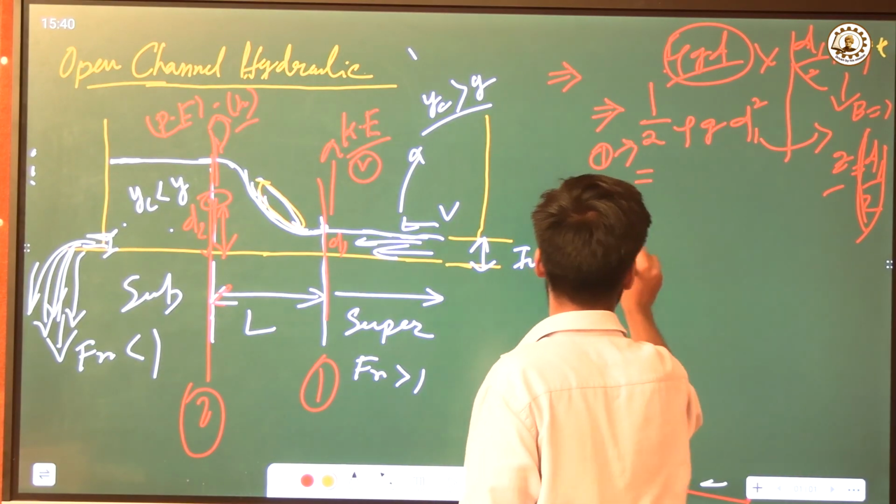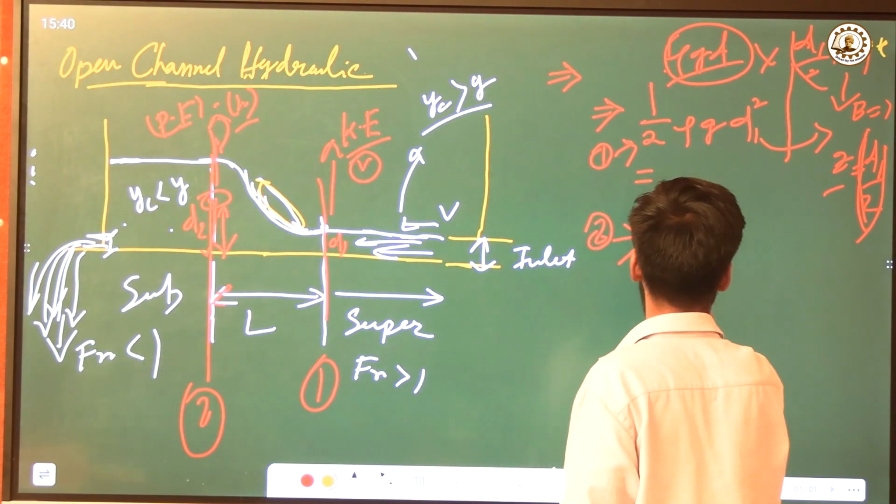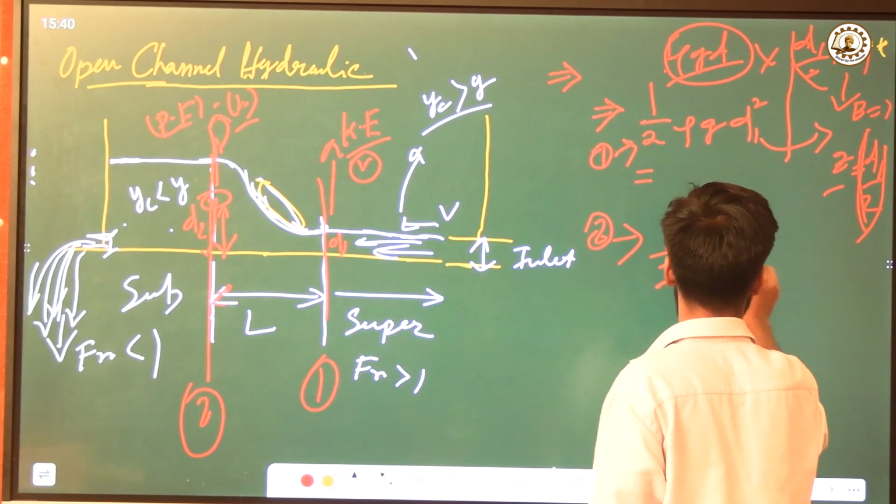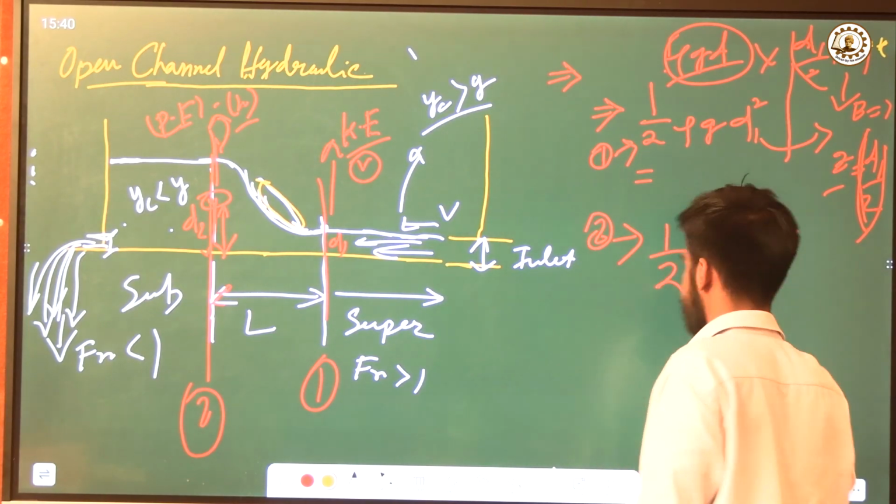For section 2, the force will be half of rho g d2 squared.